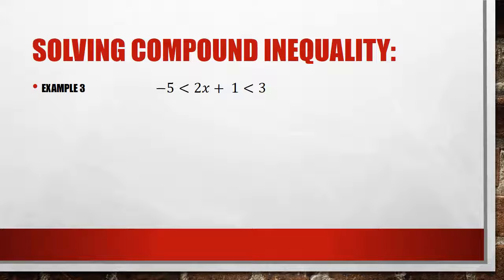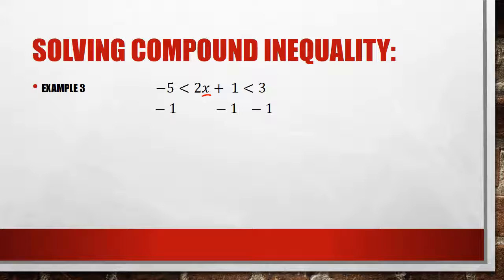The goal here in this compound inequality is to have x here in the middle by itself, which means I need to get rid of 1 and 2. You remember, guys, from solving equations that to have x by itself, I need to get rid of 1 here in the middle, which means I'm going to have to subtract 1 from all sides.